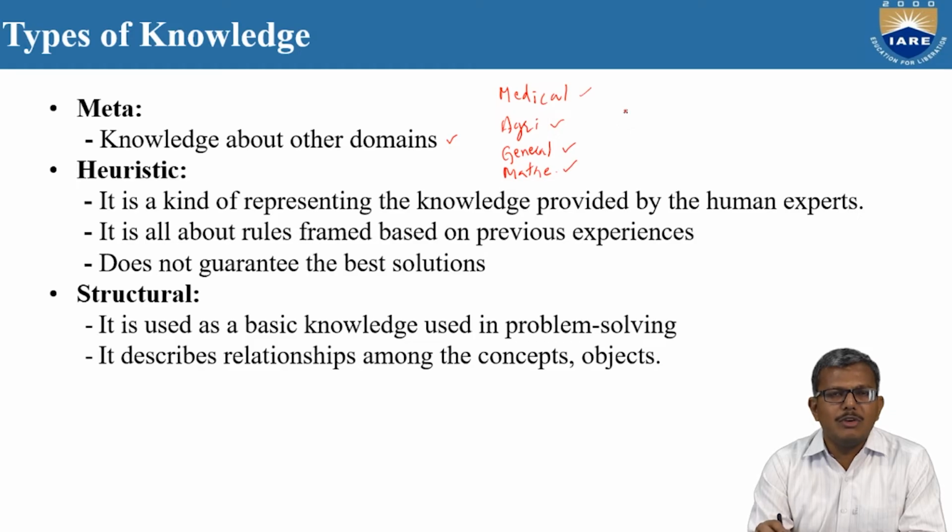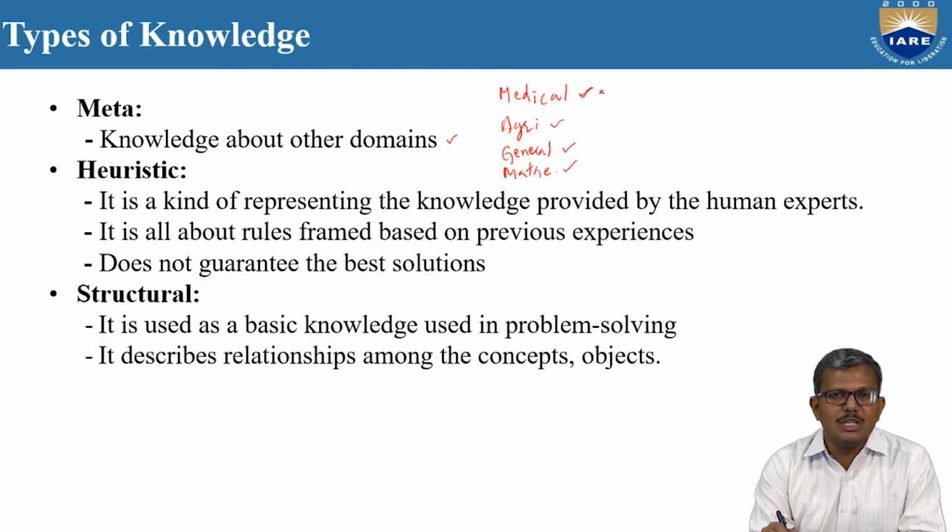But try to understand one important point: your knowledge should be specific to a particular domain whenever you are trying to apply it to solve a particular problem. Instead of going for this group representation of knowledge, it is better to have a knowledge base that keeps only the knowledge related to one particular domain.